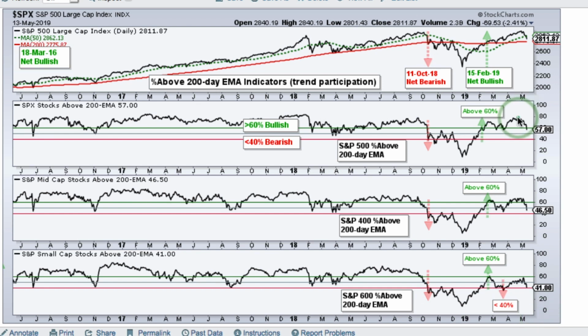Or excuse me, 6 of 9, as you'll see here in a minute when I show that table. If you look at the indicators where they stand now, 57% of S&P 500 stocks are above their 200-day EMA, 46% of mid caps, and 41% of small caps. So small caps are still dragging their feet.